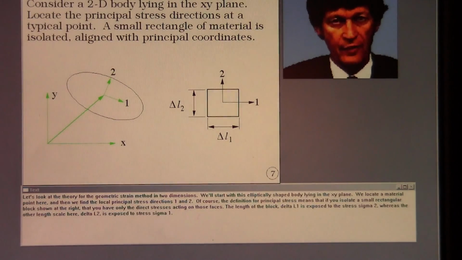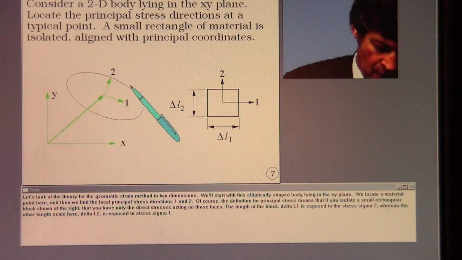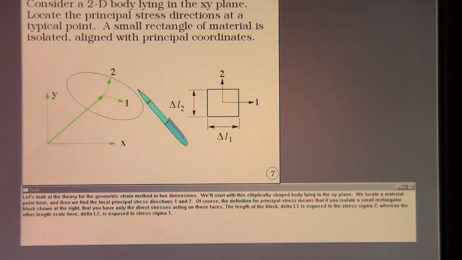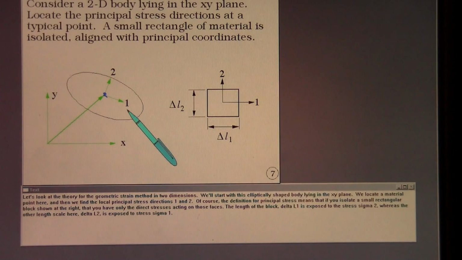Let's look at the theory for the geometric strain method in 2 dimensions. We'll start with this elliptically shaped body lying in the XY plane. We locate a material point here, and then we find the local principal stress directions 1 and 2.